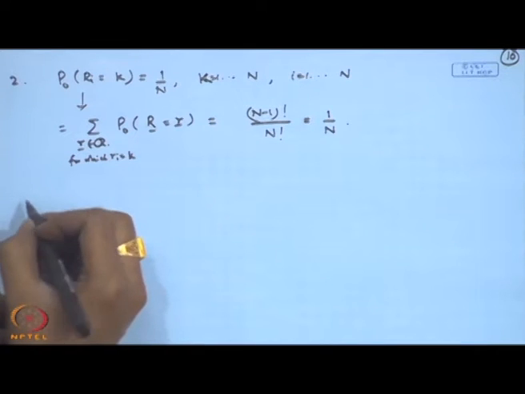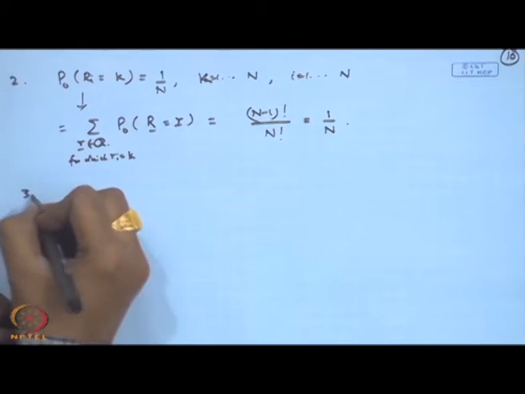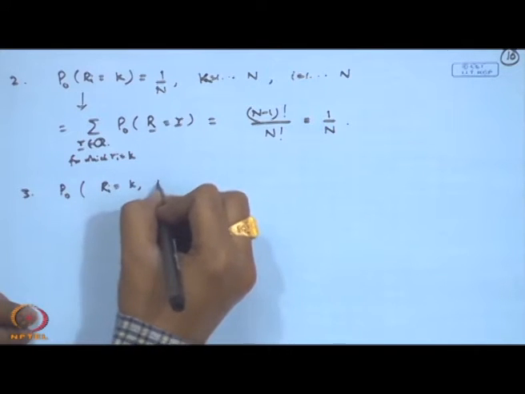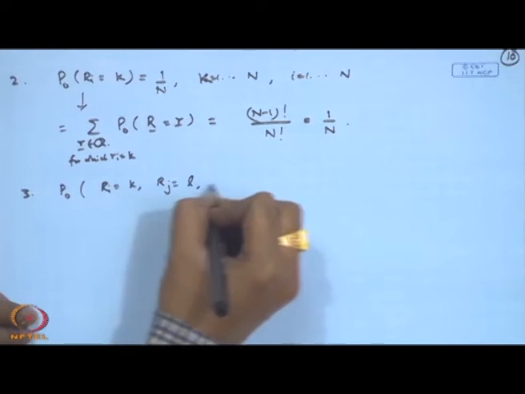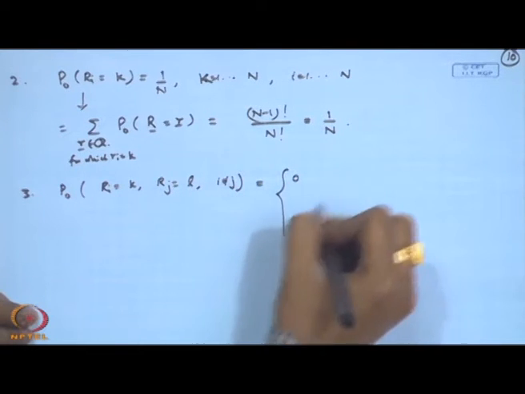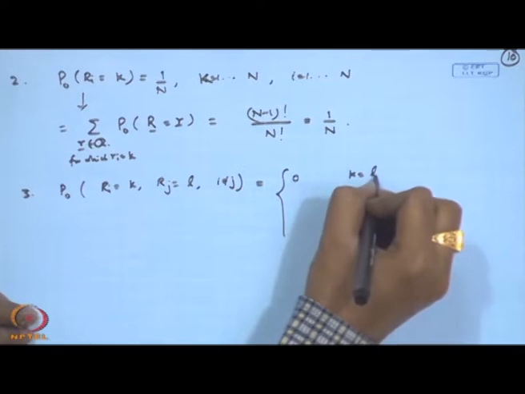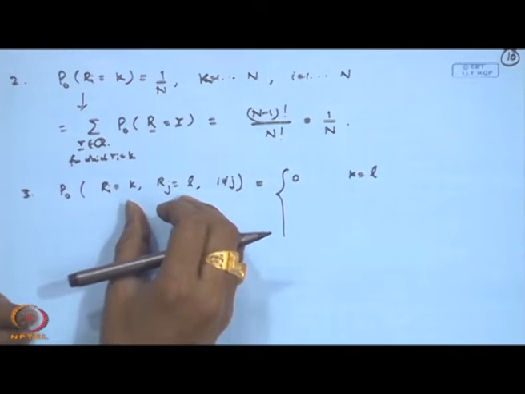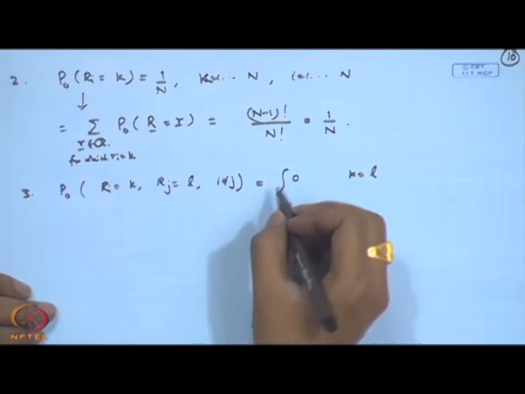Similarly, we can consider say probability of R_i is equal to k, R_j is equal to l, where i is not equal to j. Then of course, this is 0 if k is equal to l. I am dealing with the continuous distributions, so I will not assume that the two values can be same, because the two values will be same with probability 0.